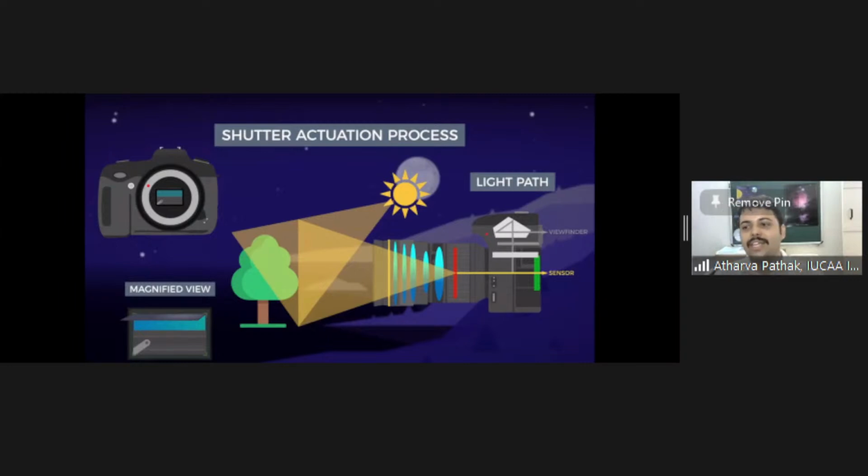If the shutter is closed, the light will get reflected to the viewfinder using a mirror. In front of the shutter, there is always a mirror at a 45-degree angle. So whatever light enters the lens goes on the top towards the viewfinder, as you can see in this image. From that viewfinder, you can see the image through the eyepiece, which is given on the back of the camera.